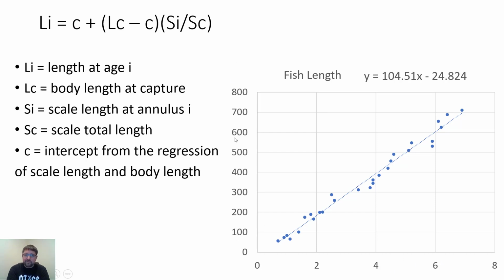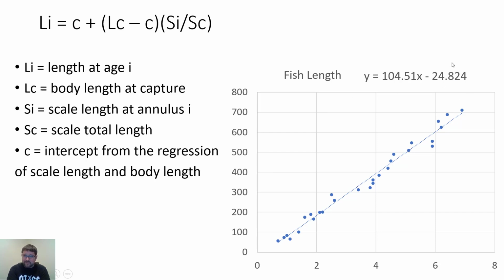On the y-axis is the fish's length. And I fit a regression line between those points. I just plotted these on a scatter plot and fit a trend line, a straight line through those points, and I have an equation. Right here is where that line actually crosses the y-axis. That's my intercept, and it says it's 24.824.